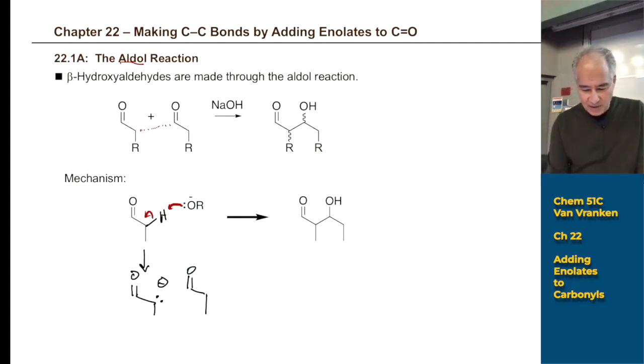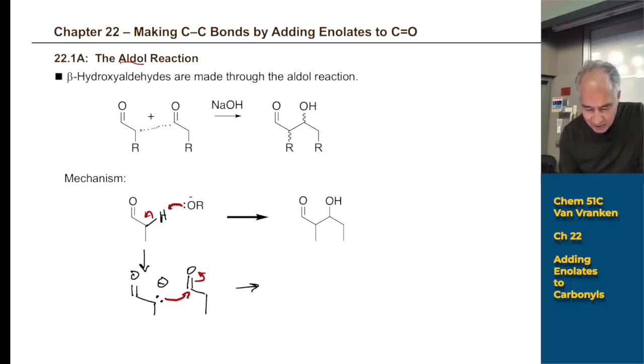So there are definitely going to be more aldehyde molecules floating around, and that gives this the opportunity to do something super satisfying: attacking carbonyls. Boy, that's what this next exam on Friday is going to be about. Things that react with carbonyl groups. So now that we know about enolates, it should be really satisfying to take those enolates and add them into carbonyl groups. And that's the Aldol reaction.